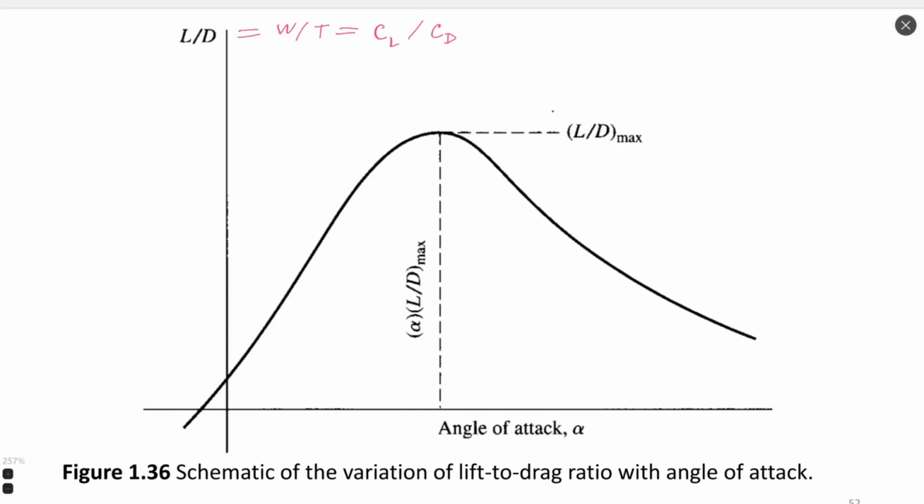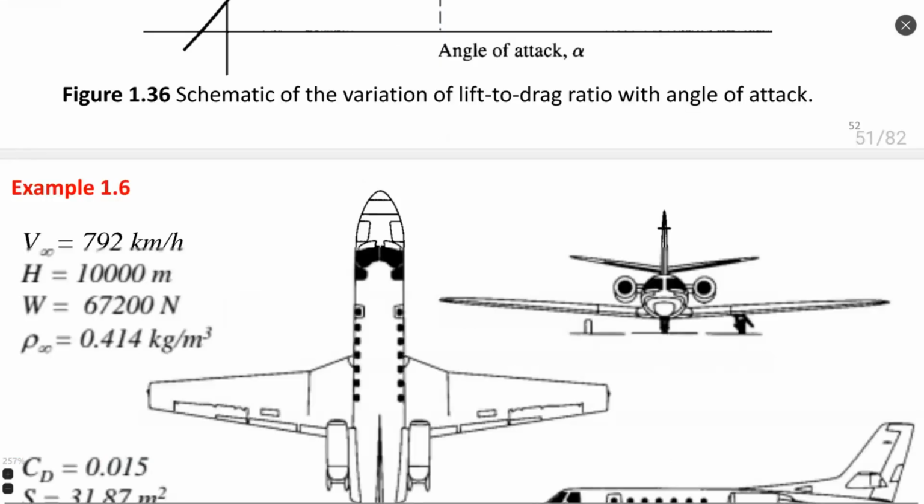So it's not important whether you take just force or you take aerodynamic coefficient. The ratio will be the same between them, because we divide by the same dynamic pressure and the same area. We cancel dynamic pressure and area from both of these definitions, and we have this relation.